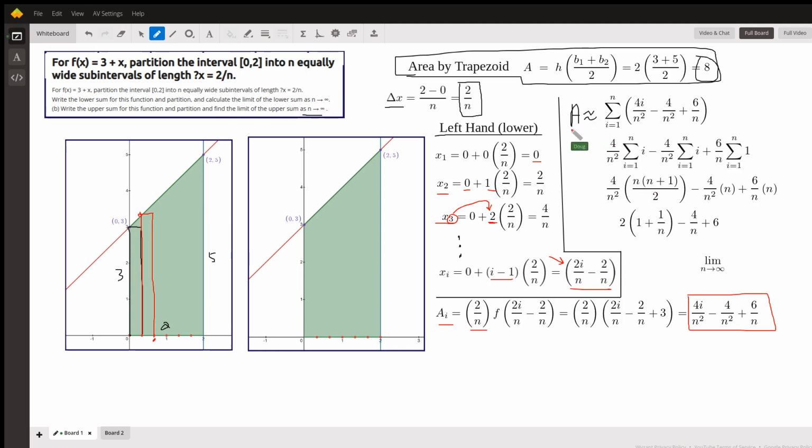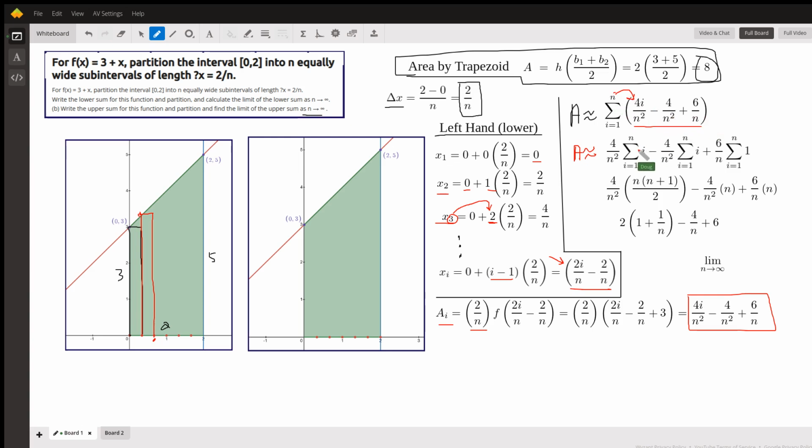So there's a formula for the area of the ith rectangle when we have n rectangles. And now to approximate that area, we're going to take the sum from i equals 1 to n of that expression for the area of the ith rectangle. We're adding them all together. I could continue carrying this down, but now we're going to use some properties of the summation symbol. I can kind of mentally visualize distributing it over each of these terms.